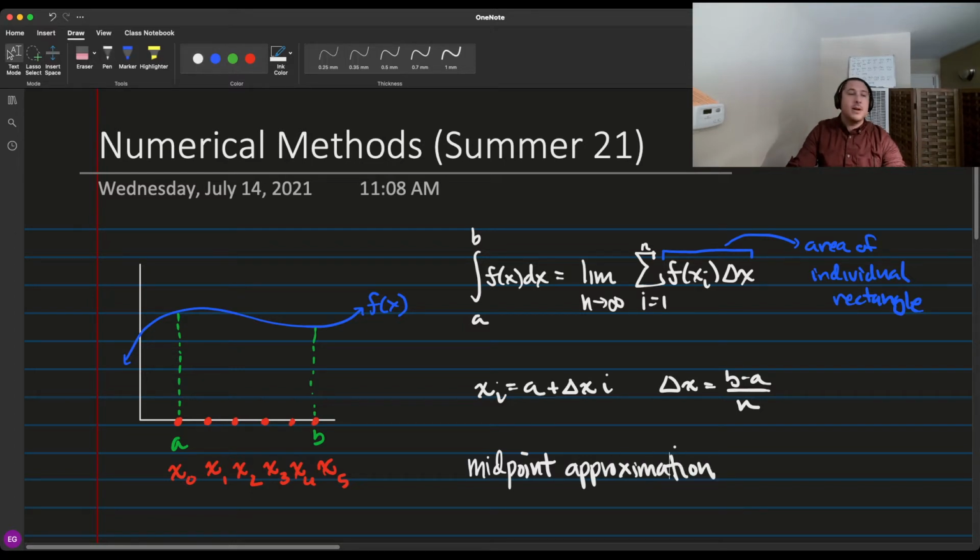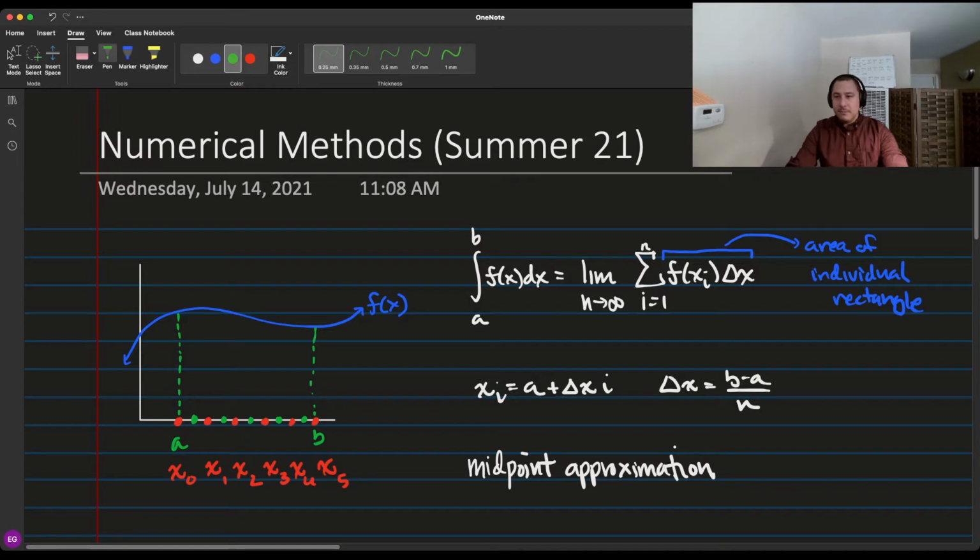So the midpoint approximation's a little annoying, because instead of evaluating the height at x0 or x1, we're going to evaluate the height at the midpoint of them. So you get these other 1, 2, 3, 4, 5 green points that will give you the height.